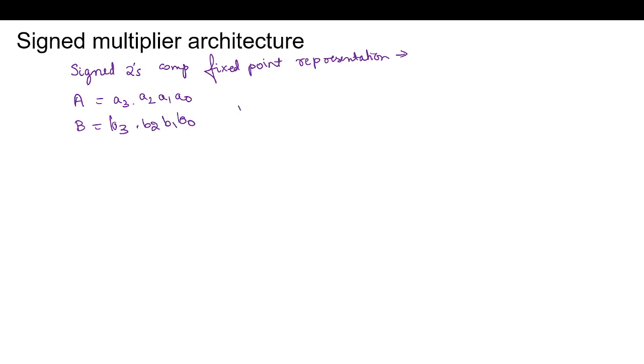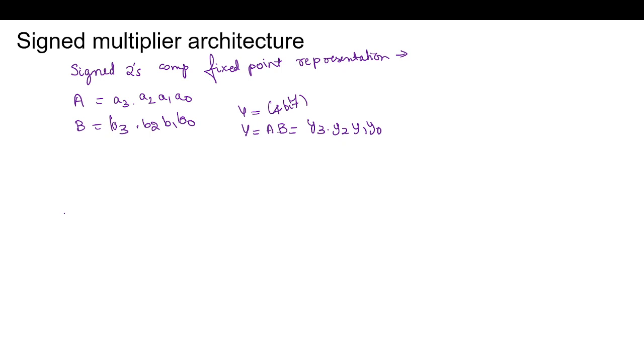Then if I consider Y to be only 4 bits, I will be excluding the LSB bits. So this will be Y3, Y2, Y1, Y0.